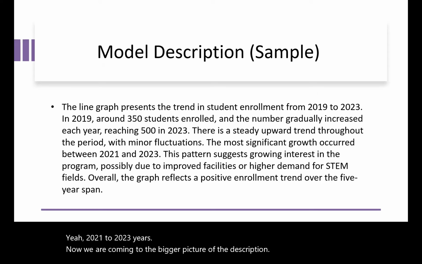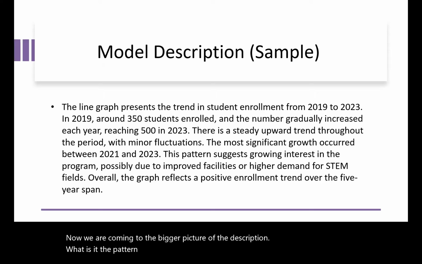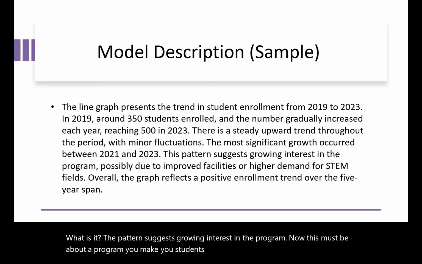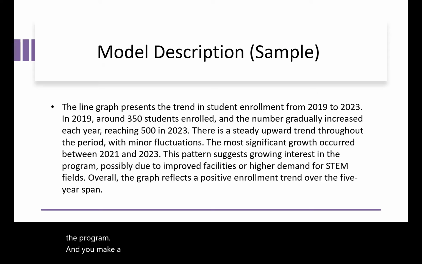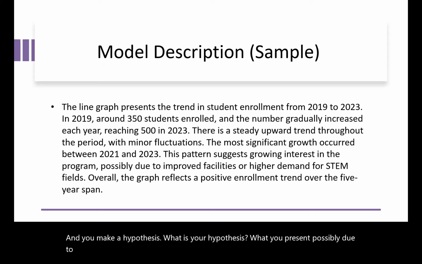The pattern suggests growing interest in the program. Now this must be about a program. Students enroll in programs, right? So you make your own assumptions based on the data given. This pattern suggests growing interest in the program. And you make a hypothesis. What is your hypothesis? What do you presume? Presumably due to improved facilities and high demand of STEM fields. Okay, you try to attribute a reason as well.